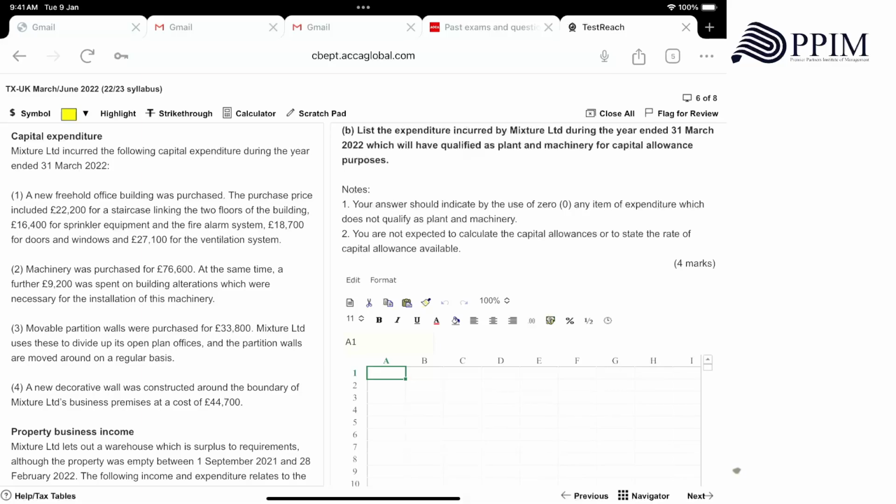Fire alarm 16,400. 18,700 doors and windows. Those are extensions. Okay, sir. Done.